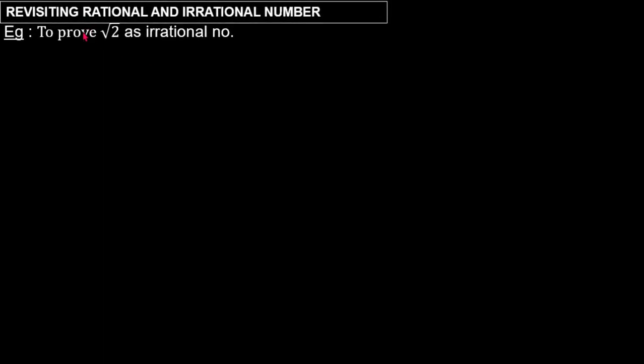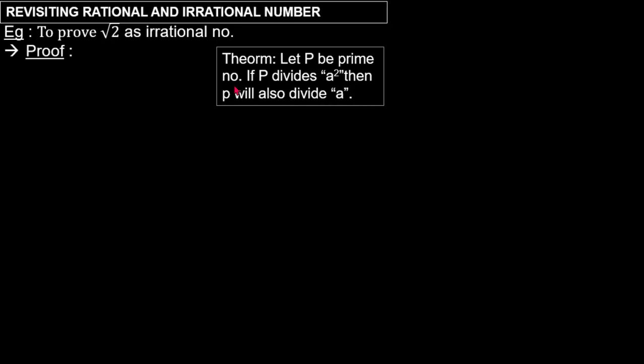But we have never seen them in detail, or we have never proved them. So here we are going to prove them. For example, let's prove root 2 is an irrational number. For the proof of this question, we are going to take help of a theorem, and the theorem is something like this.